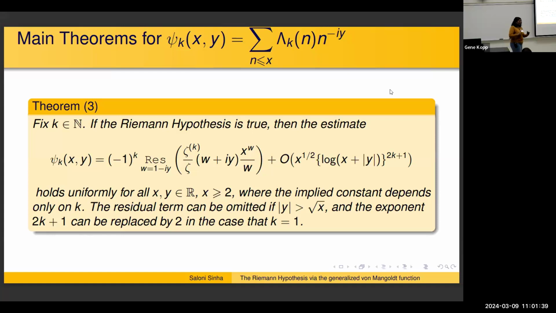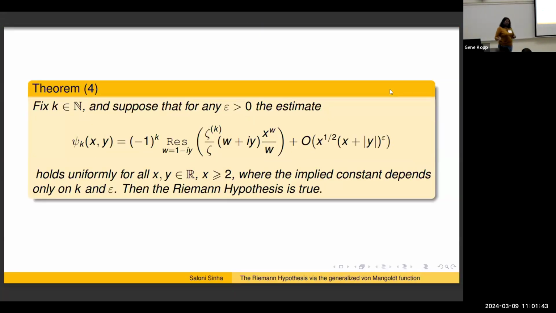So basically, same as before. And for this also, we have a strong converse. Again, very similar. The estimate that we are looking at is this one, where the residue is associated with the Dirichlet series corresponding to lambda sub k.